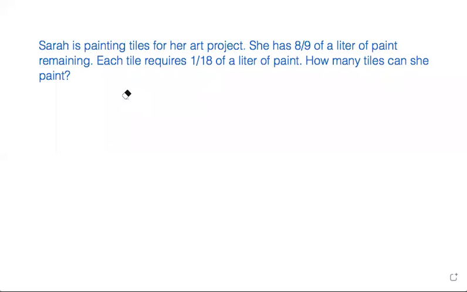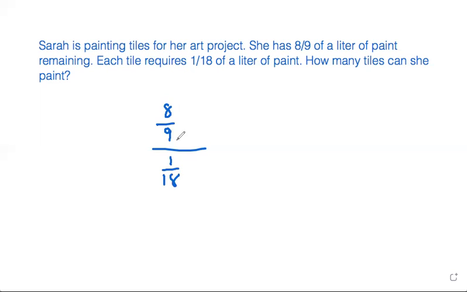If we want to use a formulaic type of method, if you have a total amount of something, you start with the total, and if you're trying to figure out how many total things you can do, and each one requires a certain amount, you can take the total and divide by the amount for each one to get how many of that thing you can have. So we're doing the whole divided by each one.